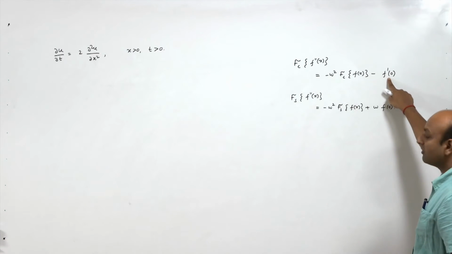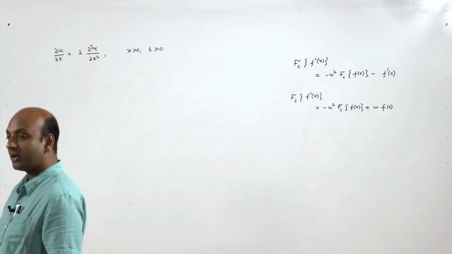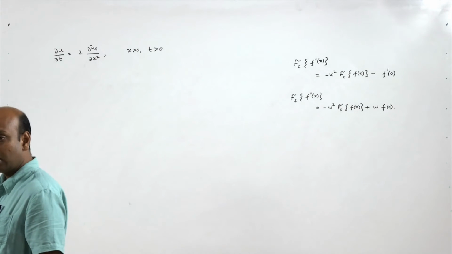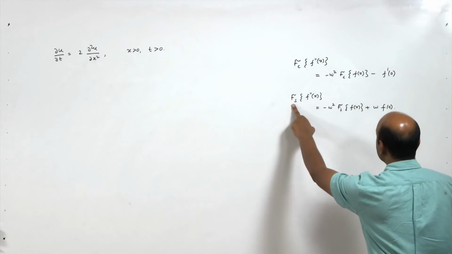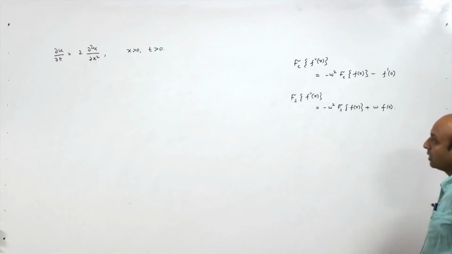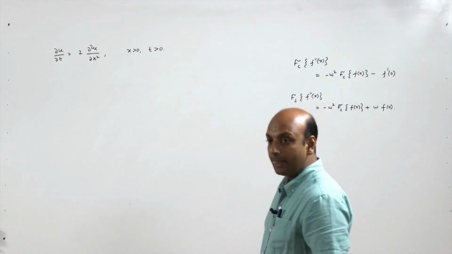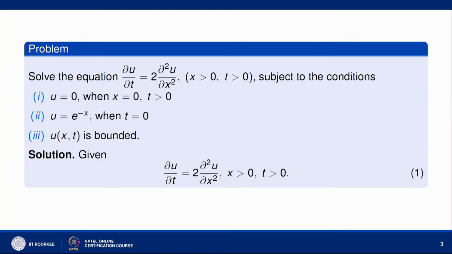We need the derivative condition, which is not given here. It is only u equal to 0 when x equal to 0, the first condition. If we observe the Fourier sine transform, there we need only f 0, when x is 0. So, we conclude that we have to apply the Fourier sine transform.